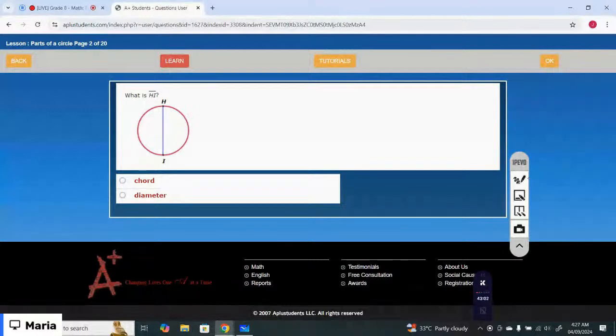What is HI, which is the correct option? So HI is the line that passes through the center of the circle, right? That is diameter. The correct option is diameter.